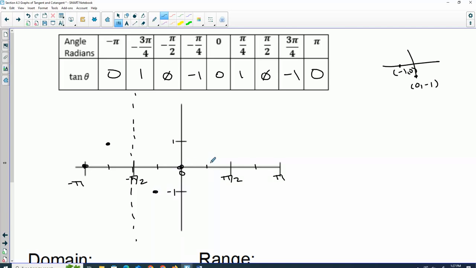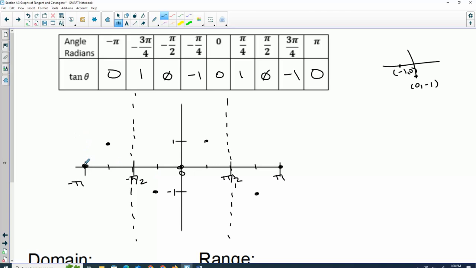0 is 0. Pi over 4 is +1. Pi over 2 is undefined, so vertical asymptote. And 3 pi over 4 is -1. And pi is 0.